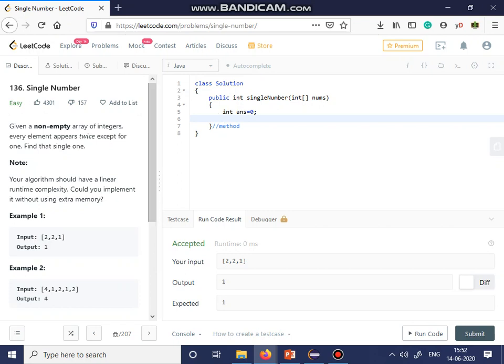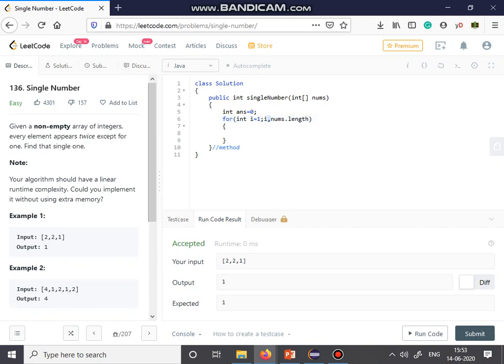So the only thing that we need to do is run a loop, from int i equal to 1, with i less than nums dot length. Nums dot length would give me the length of the array.